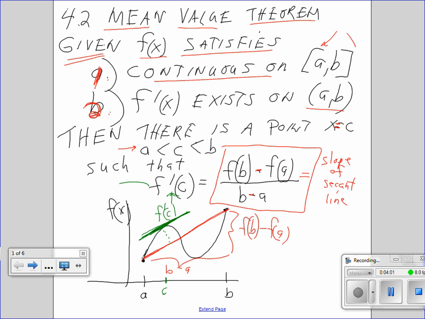So this is the instantaneous slope, and the instantaneous slope is equal to what? Well, that's the average slope.